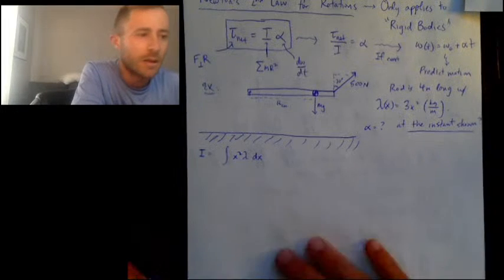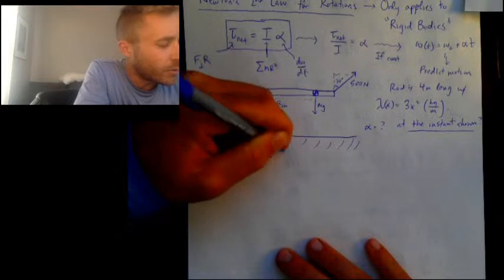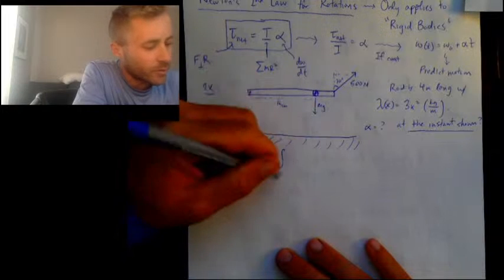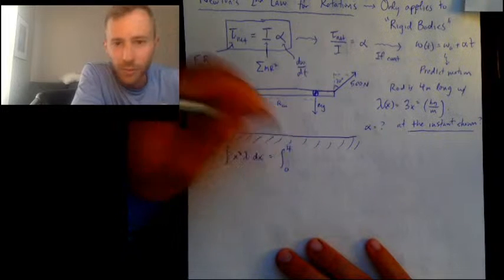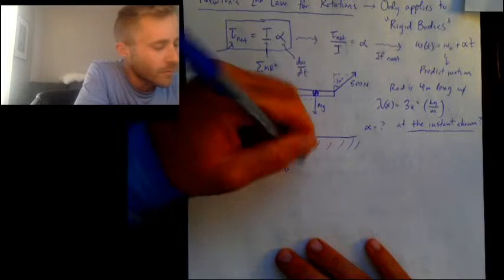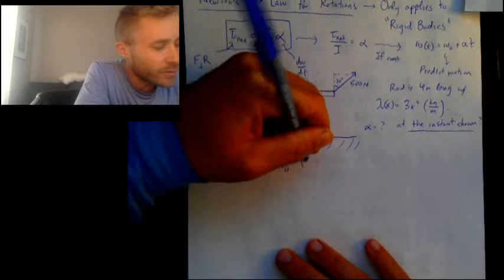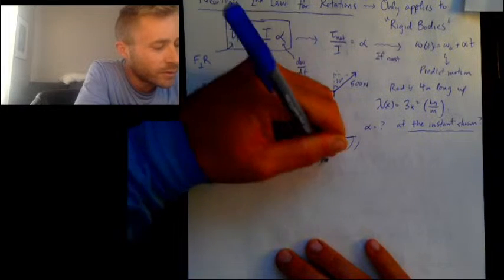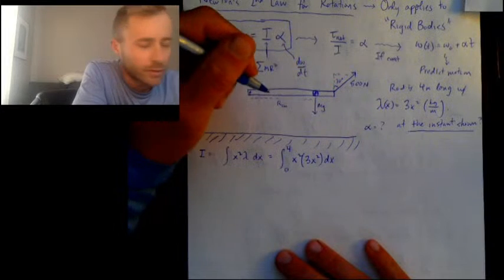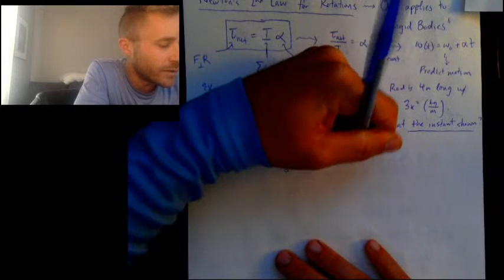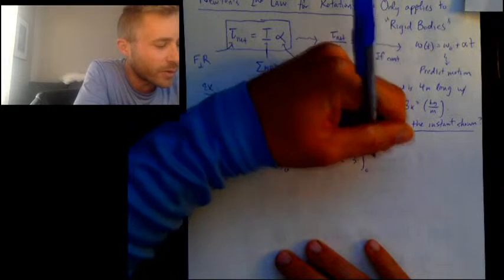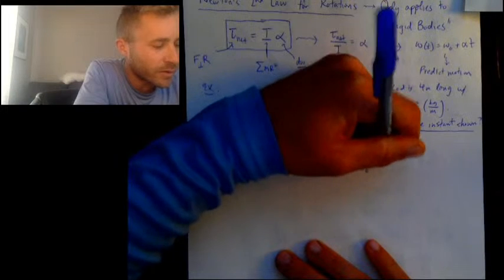Now, the rod is 4 meters long, so my integral is going to go from 0 to 4, of x squared times lambda of x, 3x squared, dx. So this is going to be 3 times the integral from 0 to 4 of x to the 4th dx.